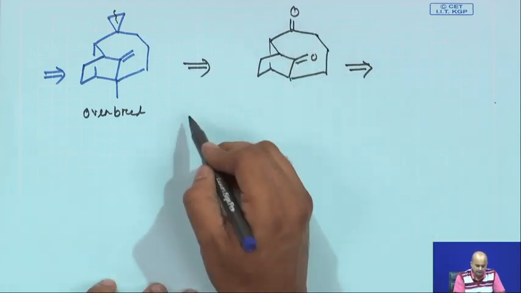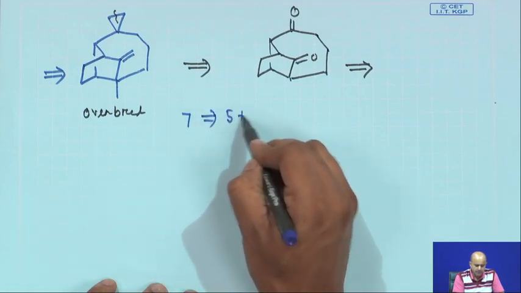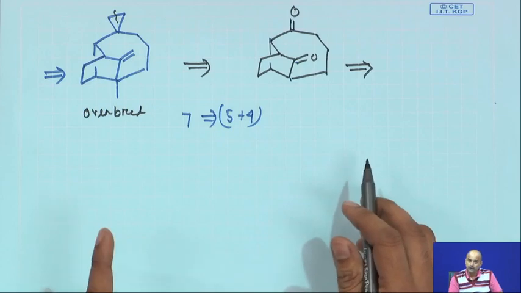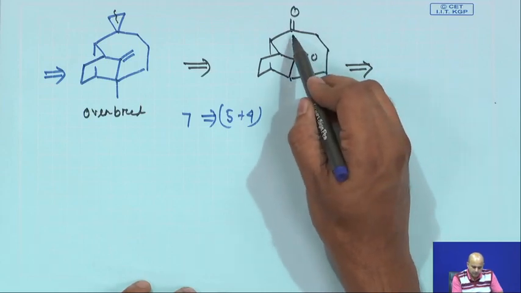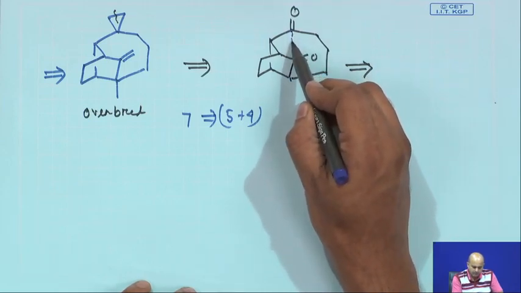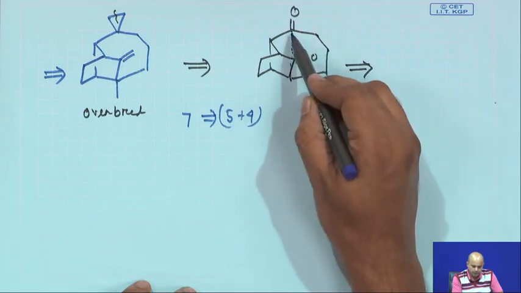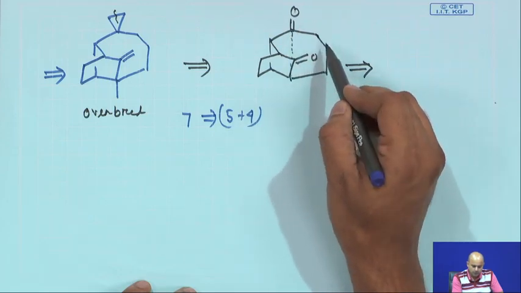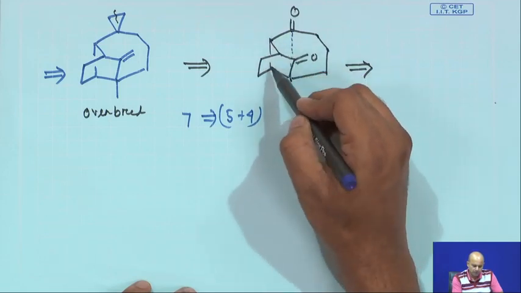The guideline is a 7 member ring you can basically construct from a 5 member and a 4 member ring through a Mayo type of reaction, and also Mayo is a cyclobutane containing overbred. Now, you see if you can connect these two bonds together, your right hand side is 1, 2, 3, 4, 5 and left hand side is 1, 2, 3, 4.